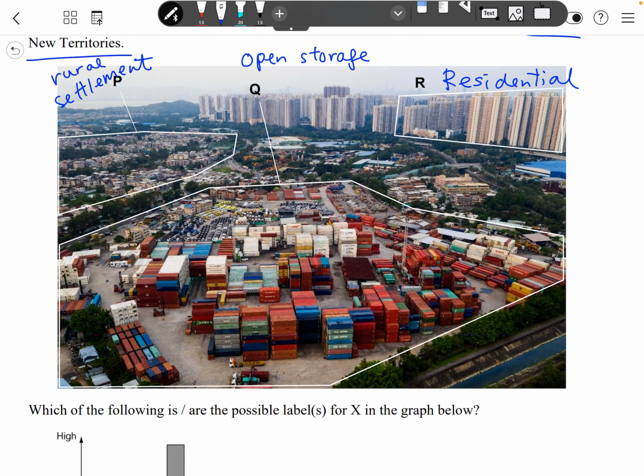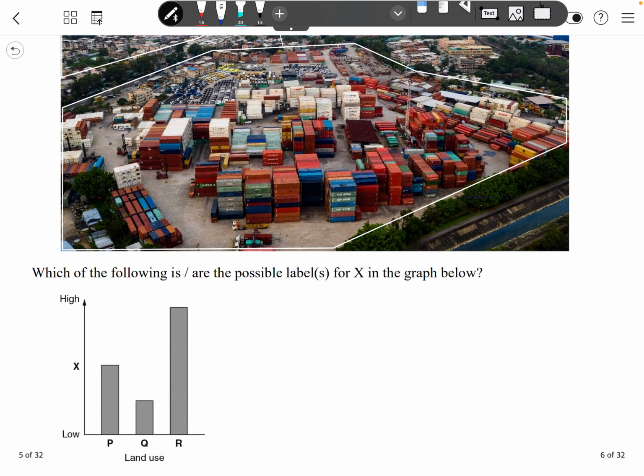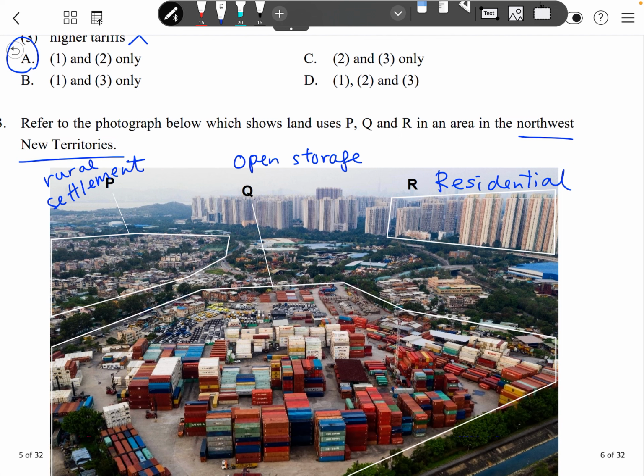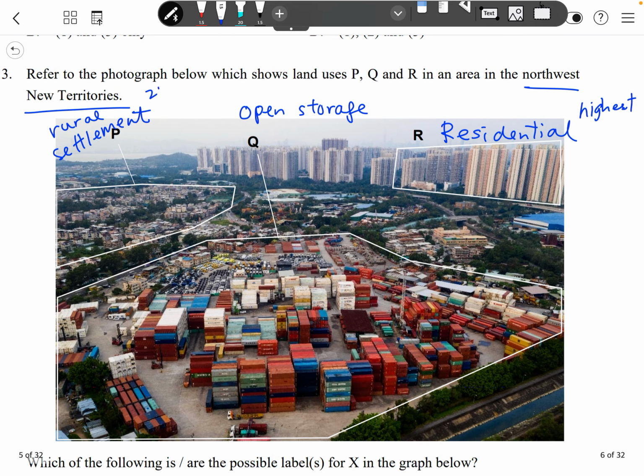Which of the following are the possible labels? We can see the label R, the value is the highest, and then P is the second highest, and Q is the lowest.